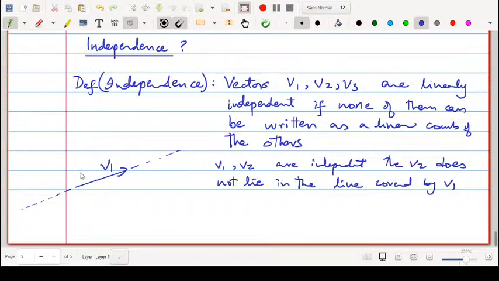So v2 needs to be outside this line. When I say does not lie, what does that mean? That means v2 is not a scalar multiple of v1, because if it was in the line, then this would be true.